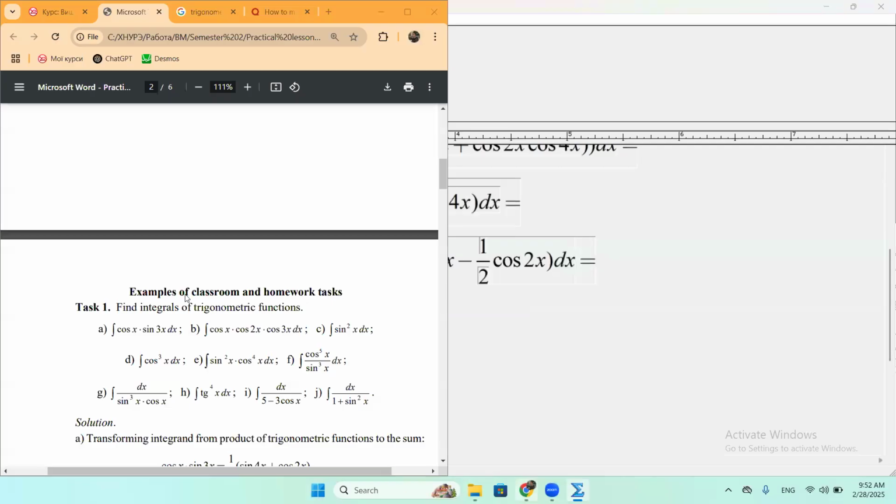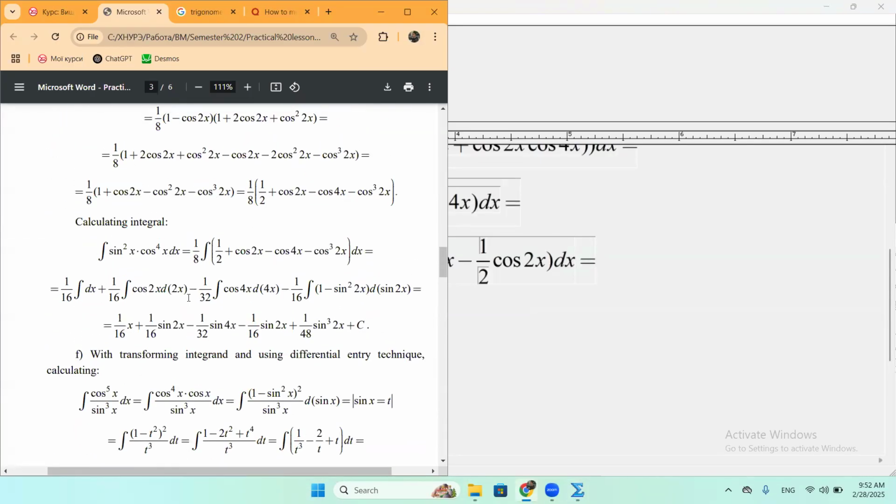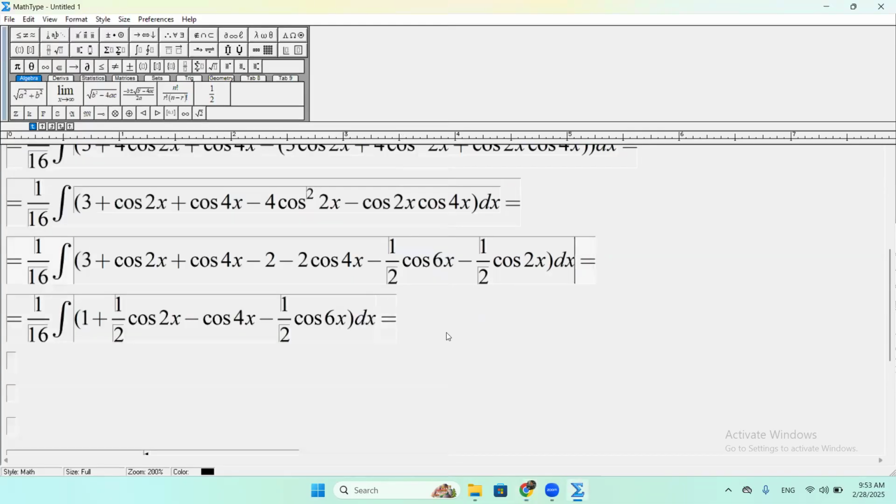Let me see, maybe I'm making a mistake. It can be solved in an easier way. Okay, but nevertheless, let's finally calculate it. You can look into the materials for another way of solution.